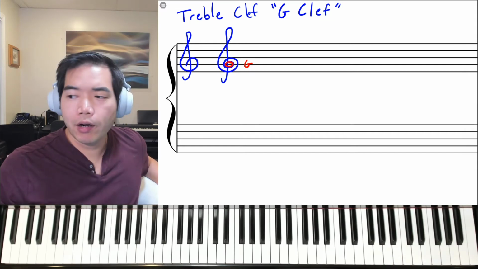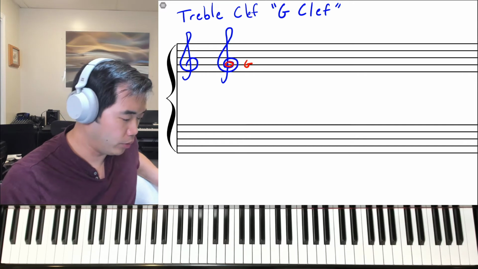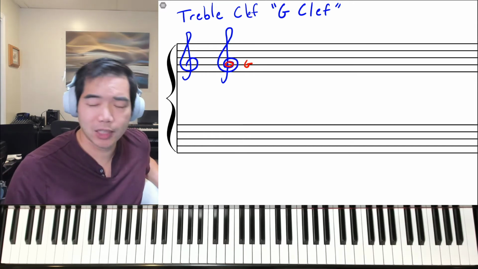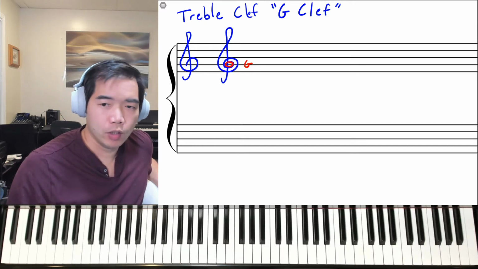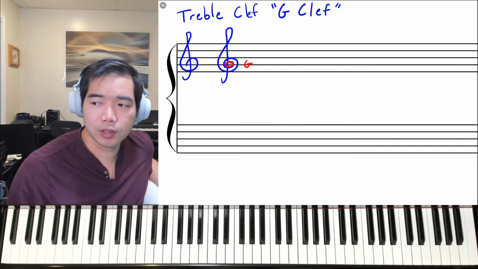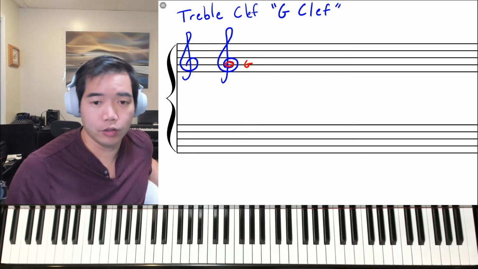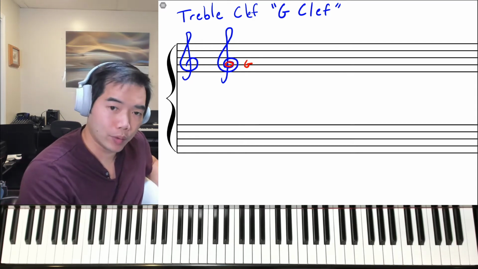There are many different ways that you can think of notes in music. Sometimes people use solfege, which we'll cover in a different video. Sometimes people use numbers, and sometimes they use letters. In the United States, we use letters predominantly. So that's what we're going to start off with.